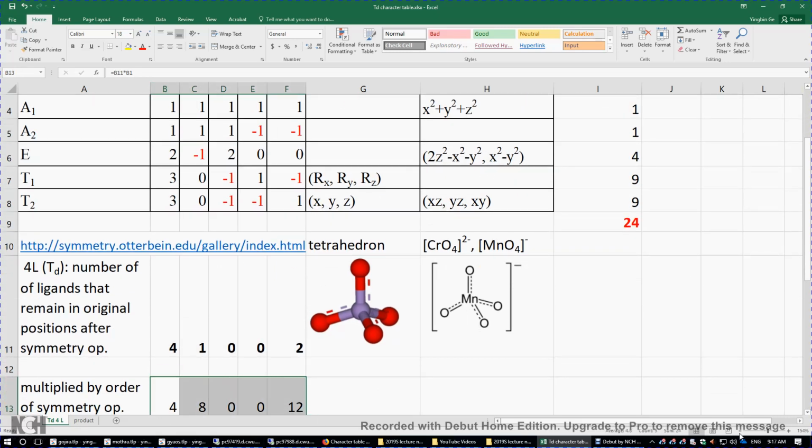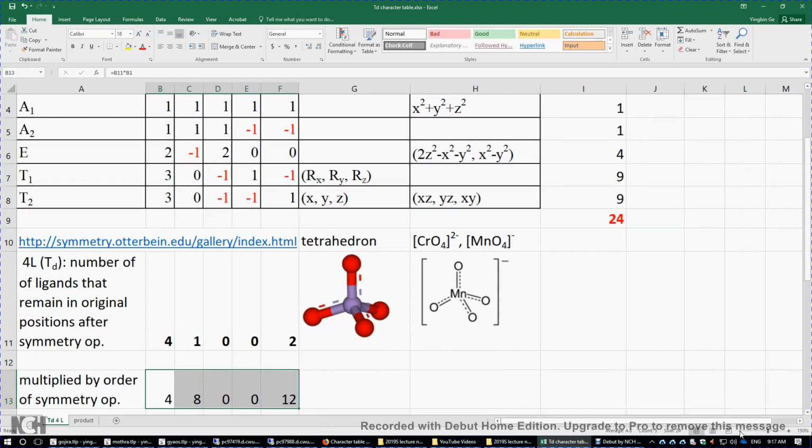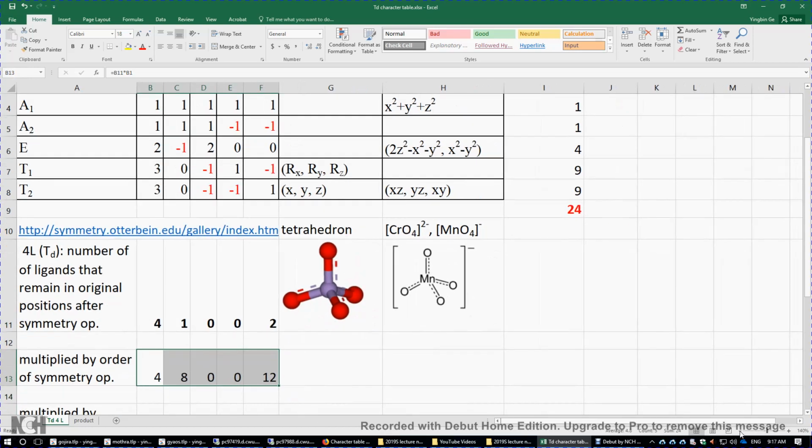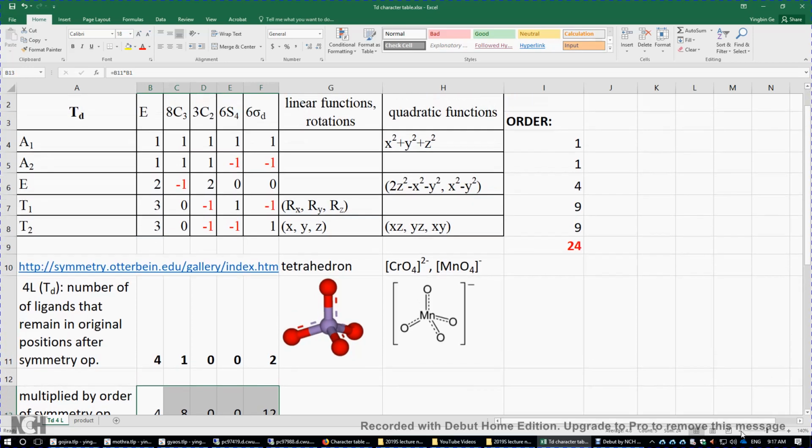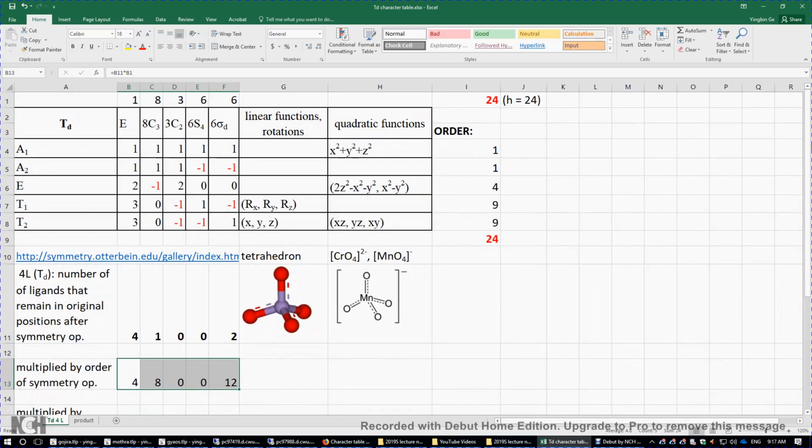So I'm going to make this spreadsheet a little smaller so that we can see this row of 5 numbers multiplied by this row of 5 numbers. You get the 5 products respectively.